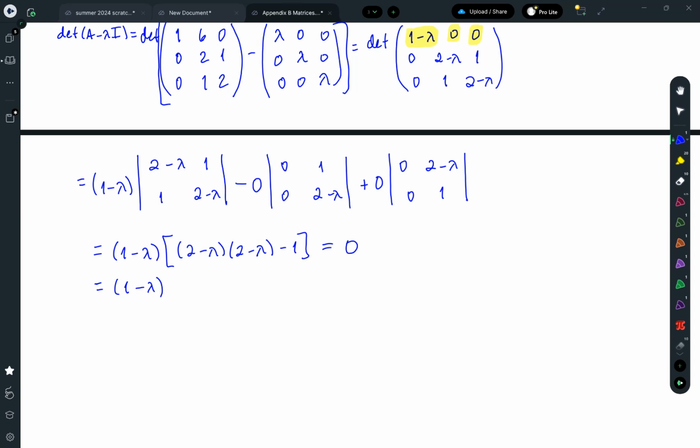Don't distribute it. Our goal is to factor. And if you already have something that's fully factored out, save yourself some agony by not multiplying it back through. We're going to deal with what's inside the brackets. Okay, so when I multiply those out, I get lambda squared minus 4 lambda plus 4 minus 1. And so I have 1 minus lambda, and then inside here, lambda squared minus 4 lambda plus 3.